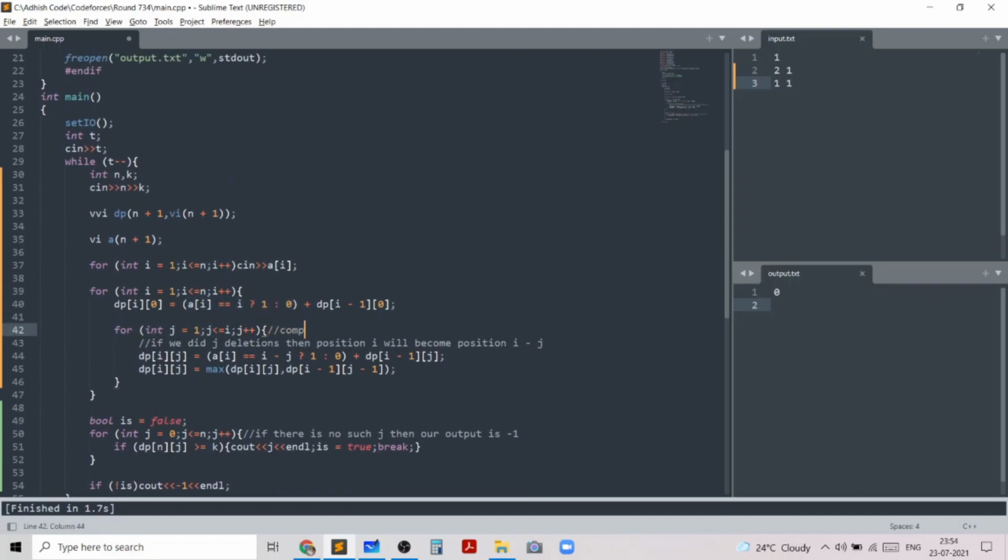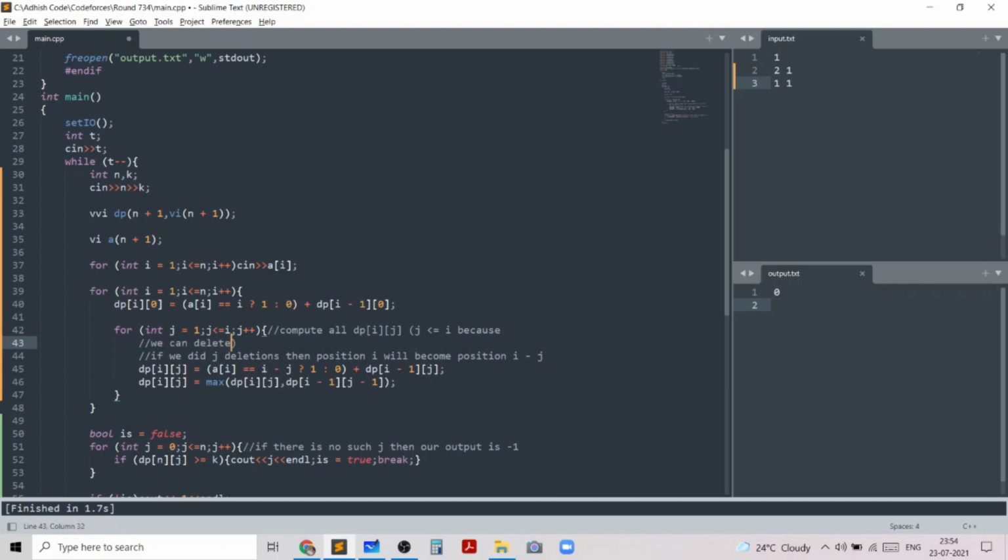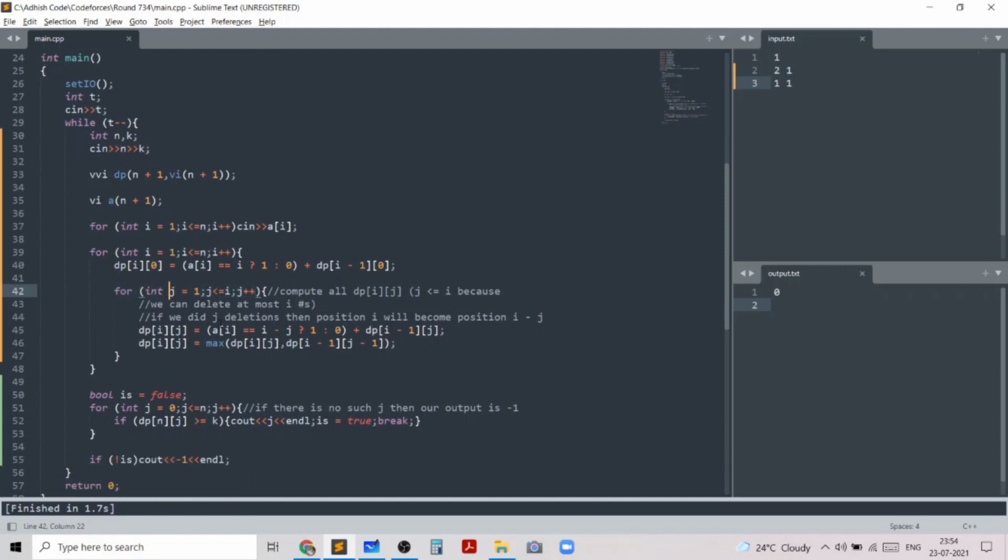So compute all dp[i][j], and note that j will be less than or equal to i, because we can delete at most i numbers. Obviously, if we have i numbers, then we can't delete more than i numbers. We can't delete more numbers than what we already have. So that's why we compute the dp values only from 1 to i.